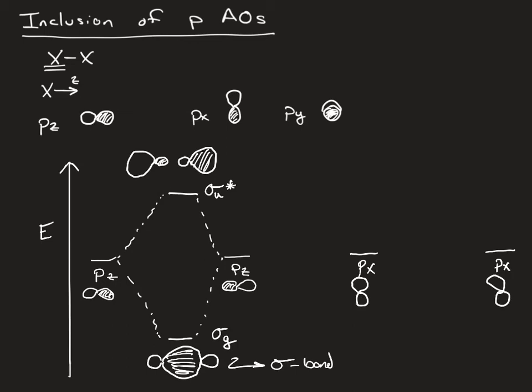However, when these two orbitals come in to overlap, they don't overlap as effectively as the pz orbital does in that sigma type fashion. The type of bond that we're going to form is going to be a pi bond.